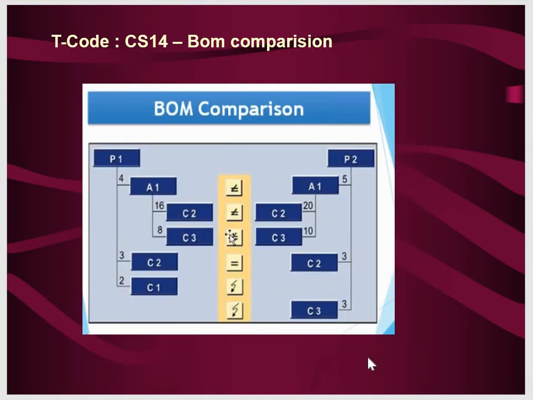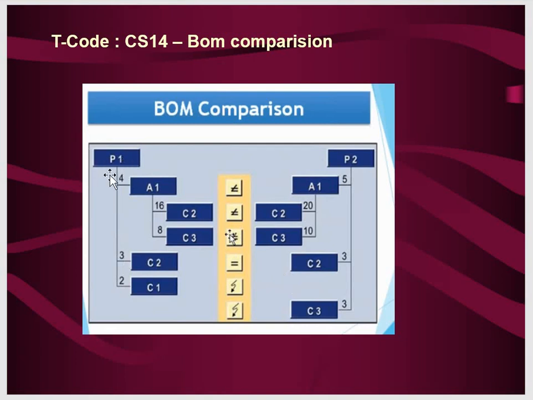Now if you want to compare the components of the BOM, suppose you have BOM 1 and BOM 2. For the creation of BOM 1, you have a specific number of components, and for BOM 2 you have a different number of components, and you want to compare what is matching between these two BOMs. So there's one T code, CS14. You can use that and it will tell you what is matching between these two BOMs.